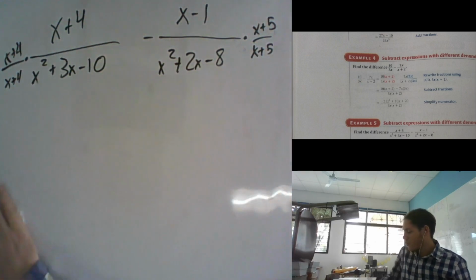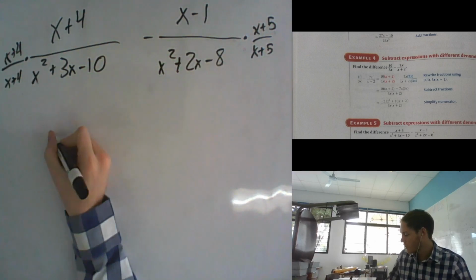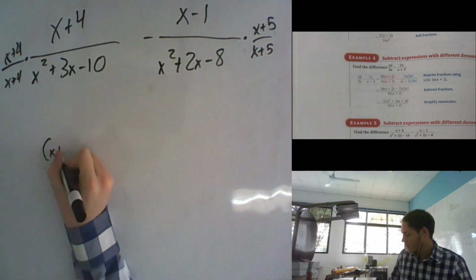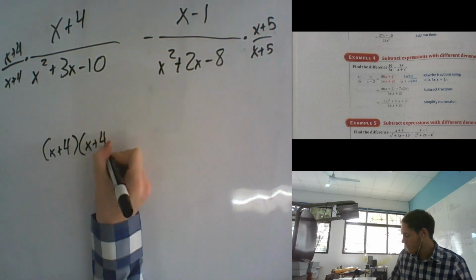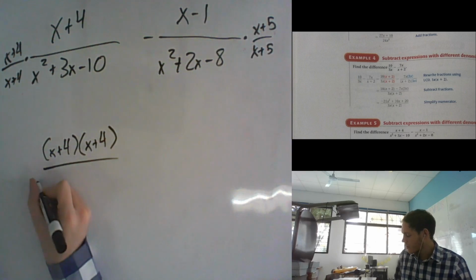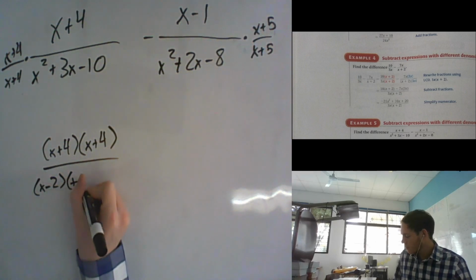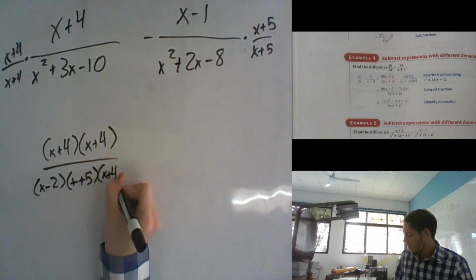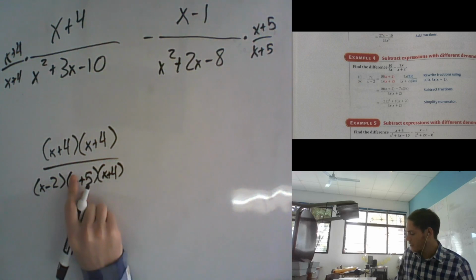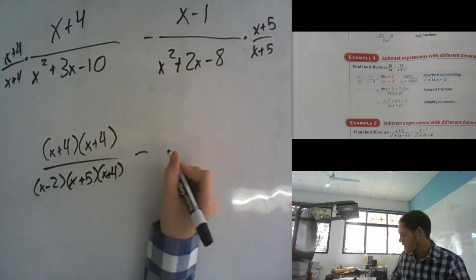so we multiply the numerator, x plus 4 times x plus 4. So you get x plus 4, x plus 4. The denominator is x minus 2, x plus 5, times x plus 4. Now this is just what we did, our goal when we were finding the least common denominator.